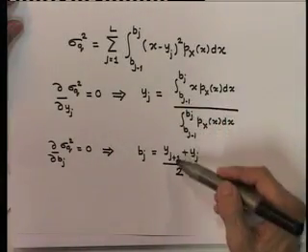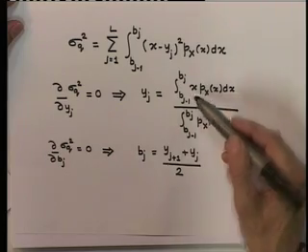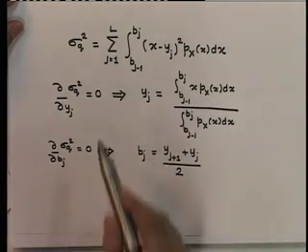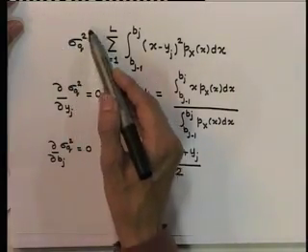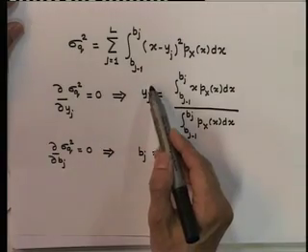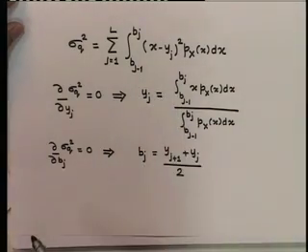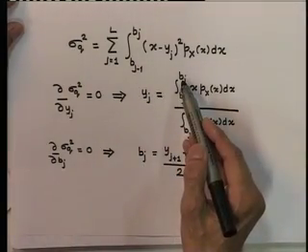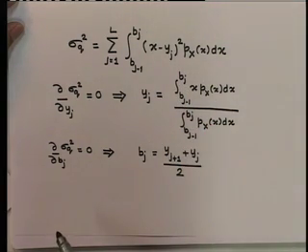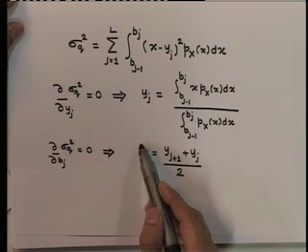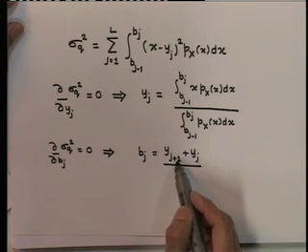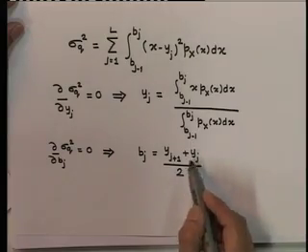Solving these equations will give us the values for the reconstruction levels and decision boundaries that minimize the mean squared quantization error. Unfortunately, to solve for yj, we need the values of bj and bj minus 1, and to solve for bj, we need the values of yj plus 1 and yj.